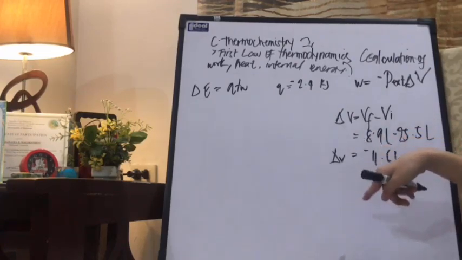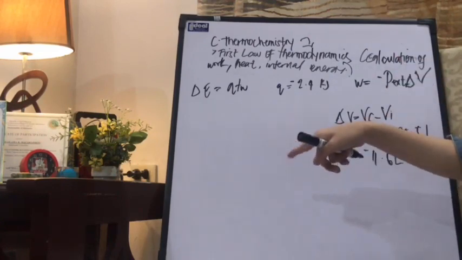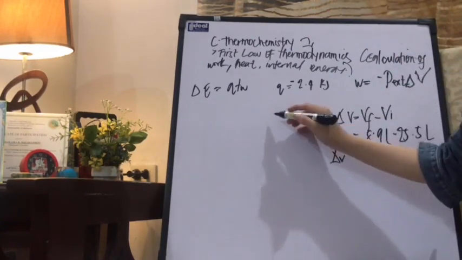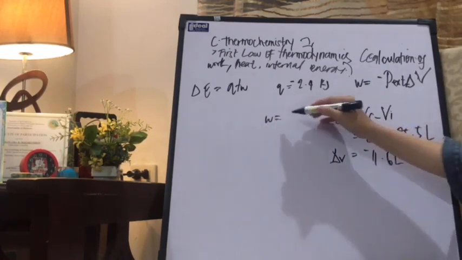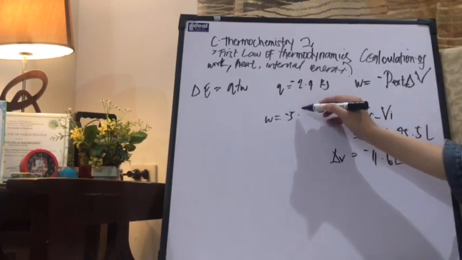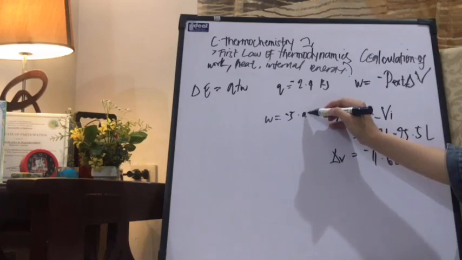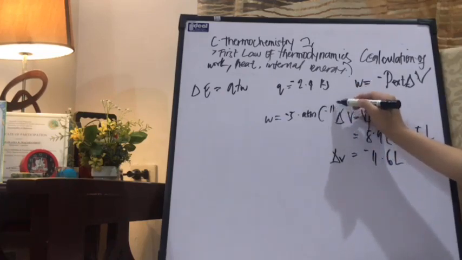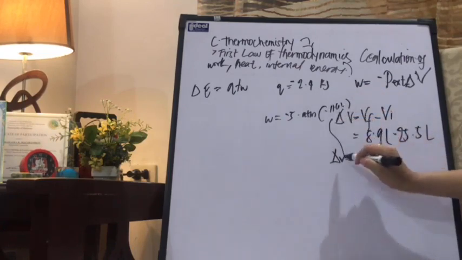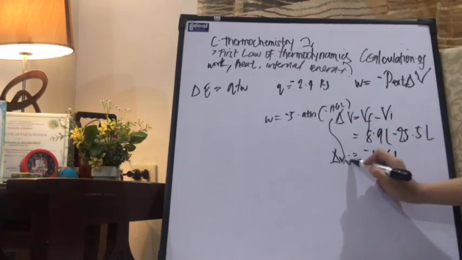So negative siya. I-plug in natin yung numbers for the work. So dito na. Pressure, so negative 5.00, in atmospheres siya, times negative 11.6 liters, kasi ito yung volume.